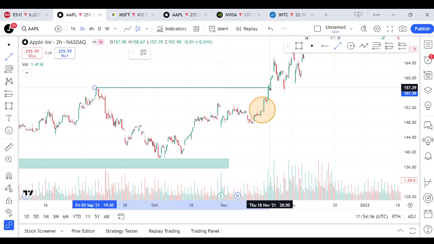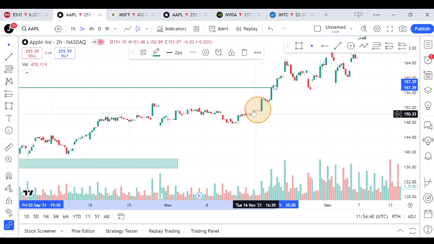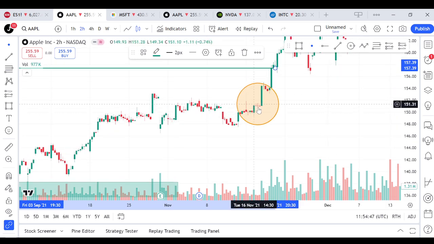So in the process, we were able to see this rising three methods right here, indicating that this bullish trend may likely continue. We had the first bullish candle, three small bearish candles, all within the range of the first candle.